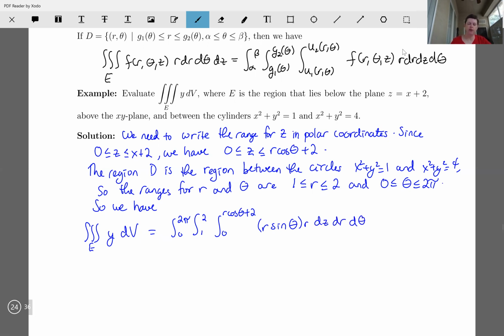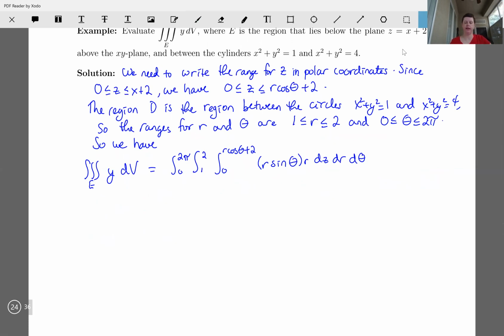I could have chosen to do this in any order that I wanted. Well, not any order. I have to integrate with respect to z first because z's upper limit is a function of theta. But beyond that, I could have chosen any order.